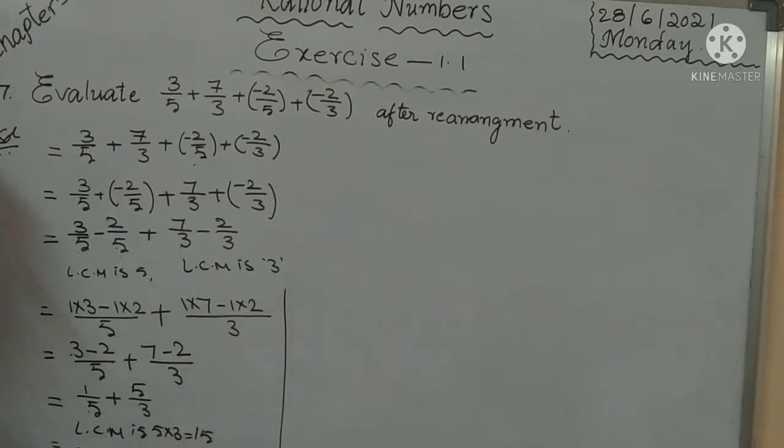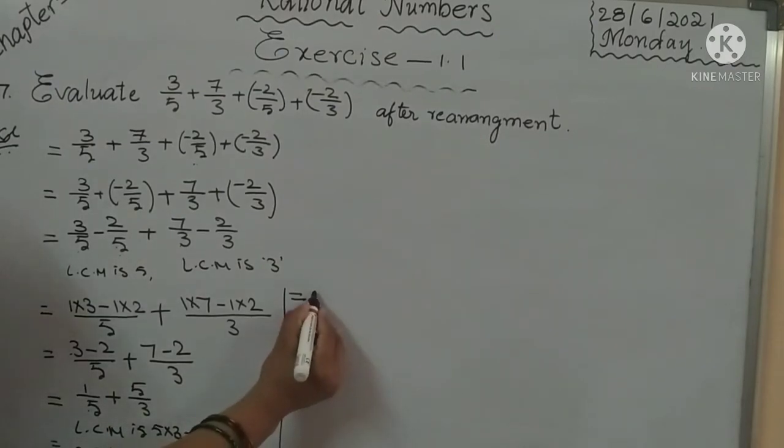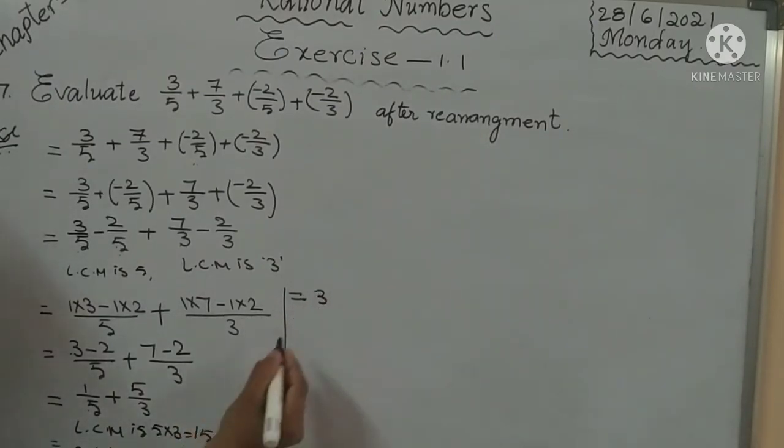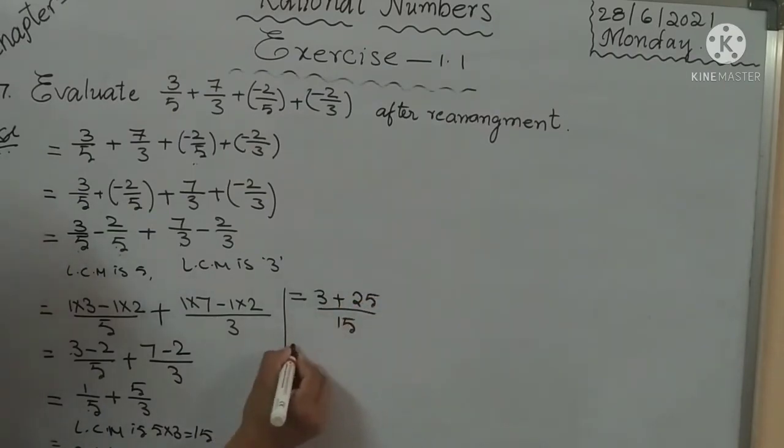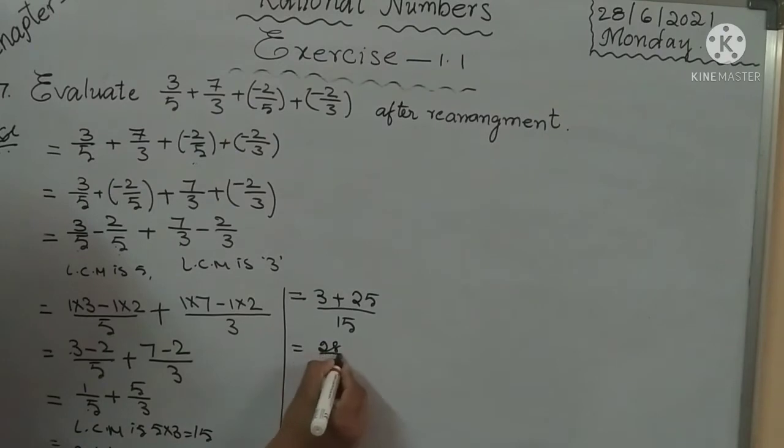Okay, is equal to 3 1s are 3 plus 5 5s are 25 by 15. So here 3 plus 25 is 28 by 15.